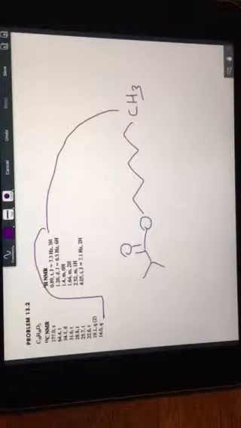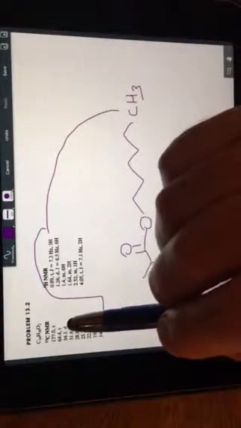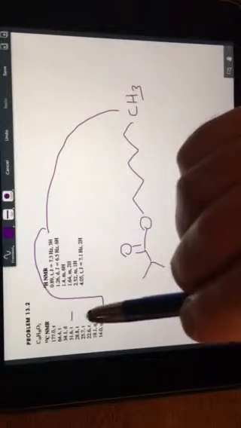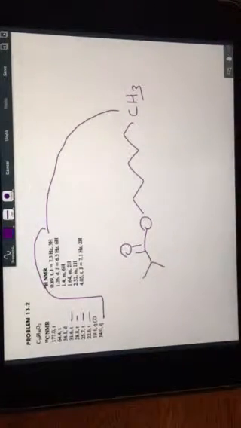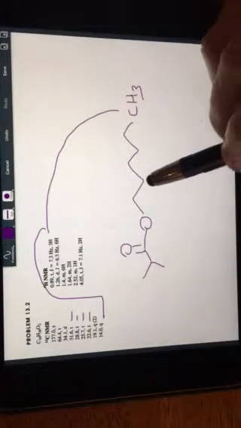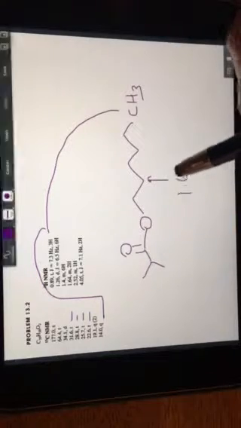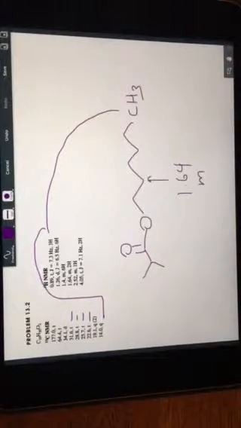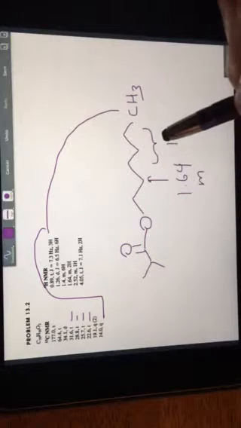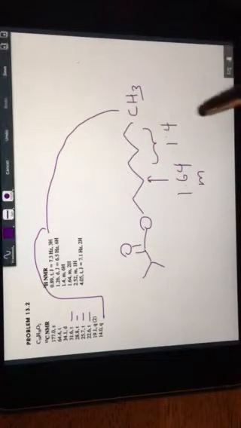Then we have a series of methylenes from 31.6 to 22.6 and those in between. And then we would assign this 1.64 as a multiplet in the proton NMR, and then we have these 6 hydrogens at 1.4 ppm. Okay, so that's the answer. That's the answer to number 13.2.